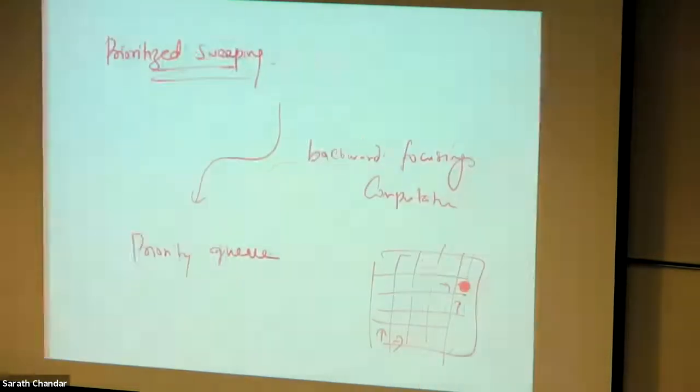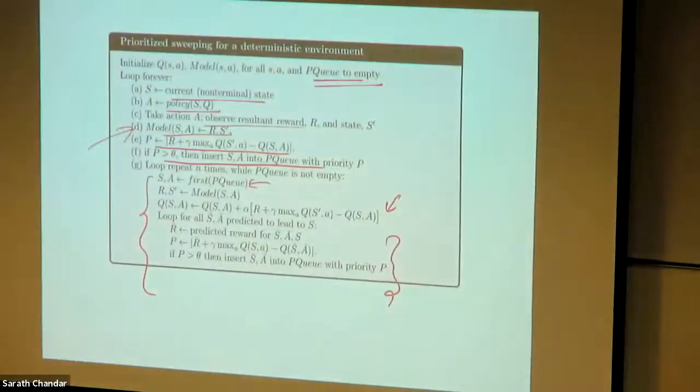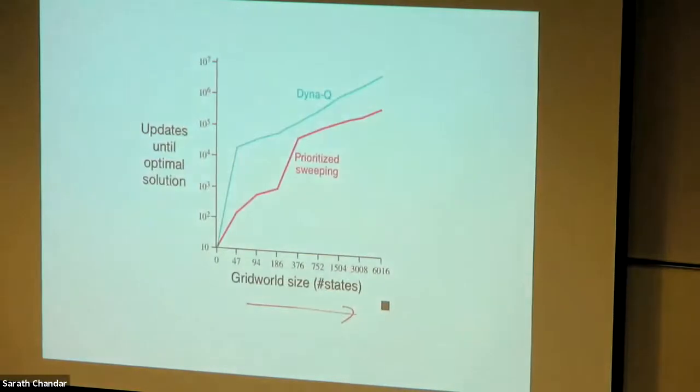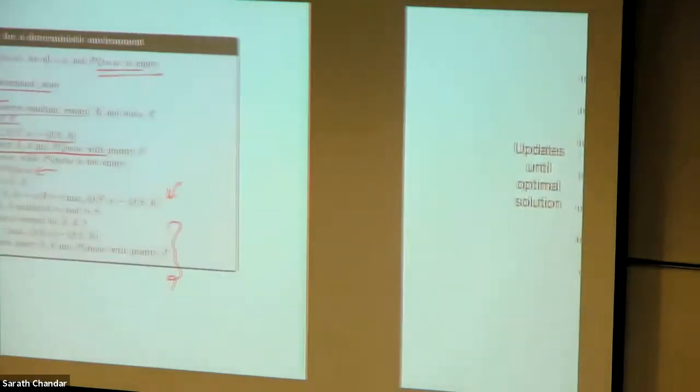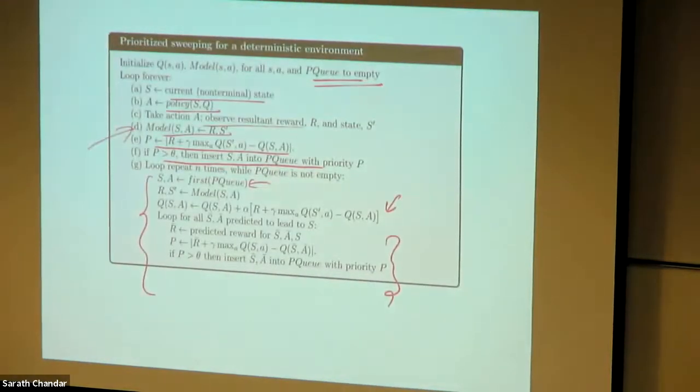Okay, so let's go back slowly. Any questions about prioritized sweeping? Well, the idea here is if you think about Dyna-Q, Dyna-Q was very similar to this algorithm, except for this particular line.